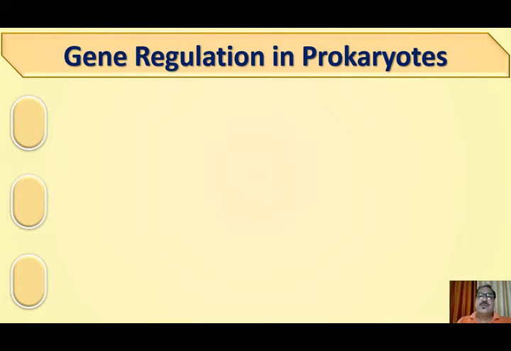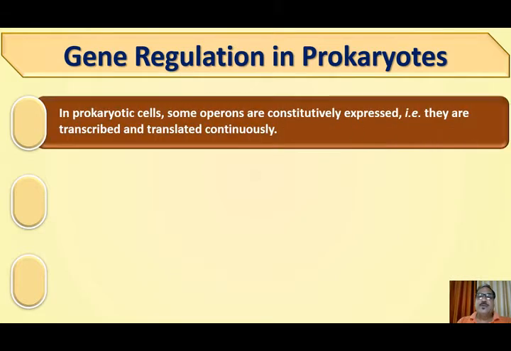In prokaryotes, there are two types of operons. One type is that operon whose gene products are required consistently and whose expression therefore is unregulated. That is, these operons are never switched off.